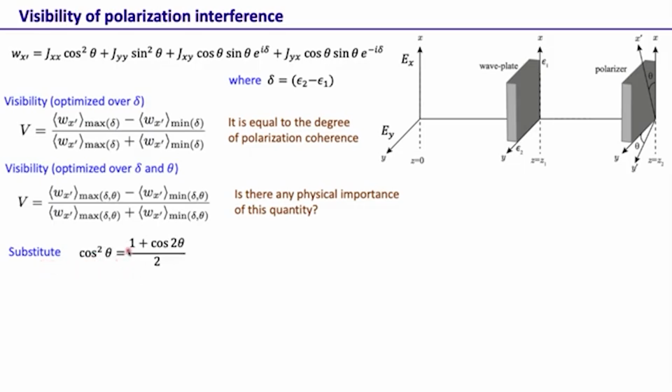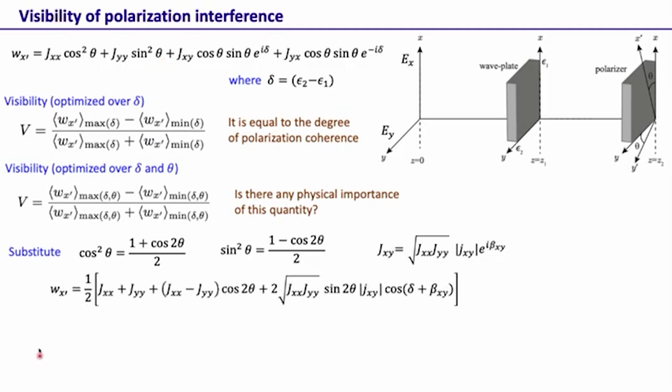So for cosine square theta, we put 1 plus cosine 2 theta by 2, for sine square theta, we put 1 minus cosine 2 theta by 2, and for jxy, we put root jxx jyy, the mod of jxy, and e to the i beta xy. Let's substitute these quantities in here, and then we get this Wx prime is half jxx plus jyy.